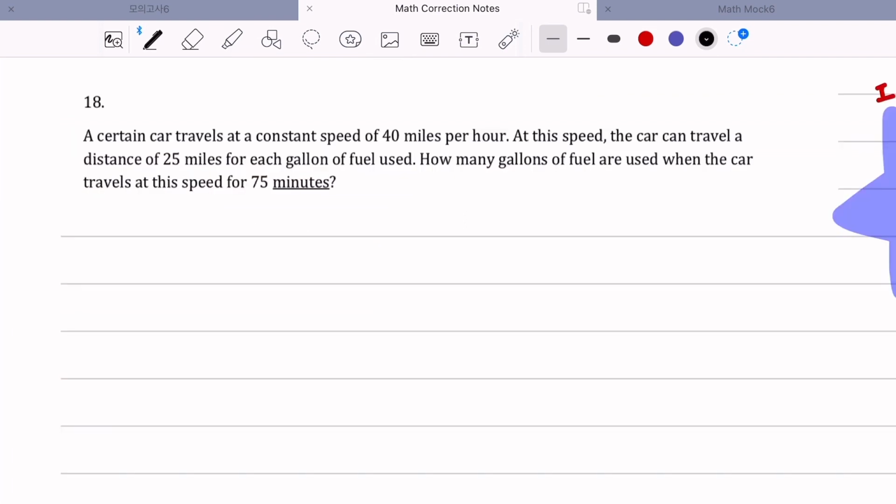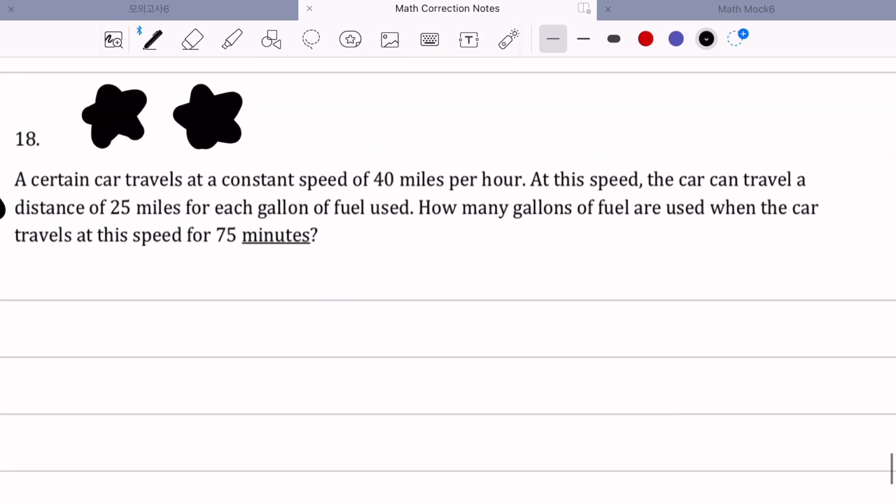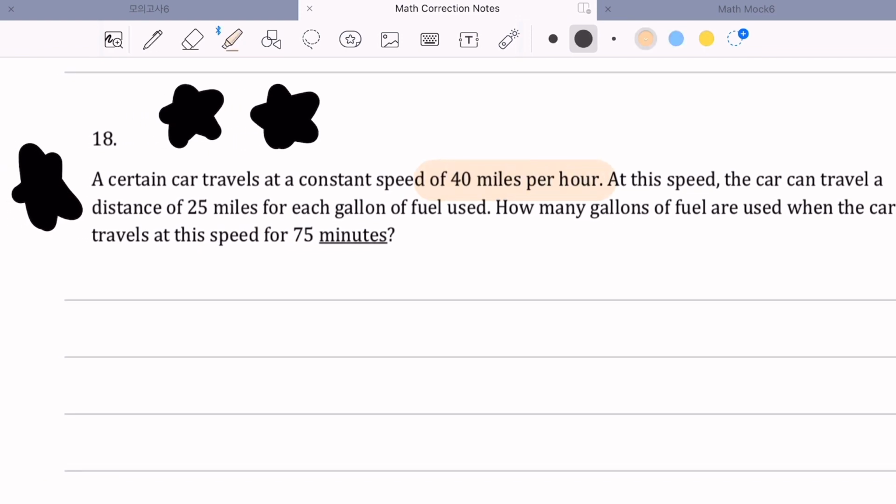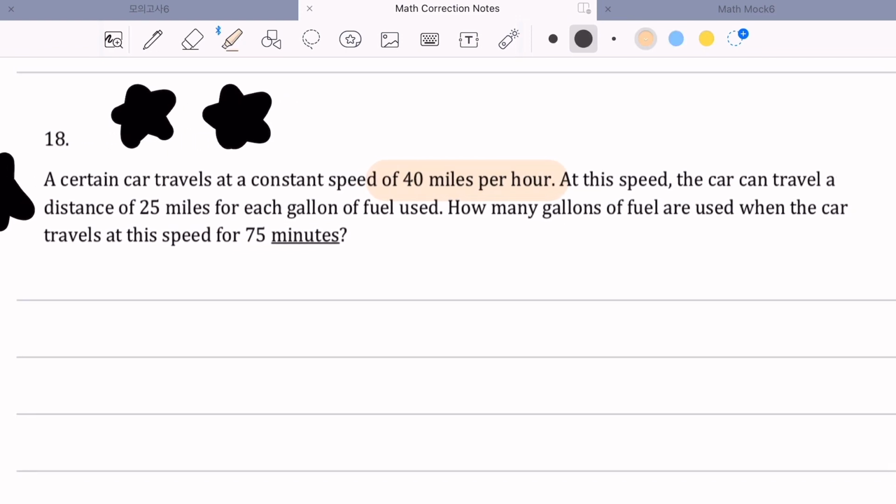Number 18. I think this question is really difficult, so I would put like 3 stars around here. Okay, a certain car travels at a constant speed of 40 miles per hour. At this speed, the car can travel a distance of 20 miles for each gallon of fuel used. How many gallons of fuel are used when the car travels at this speed for 75 minutes?